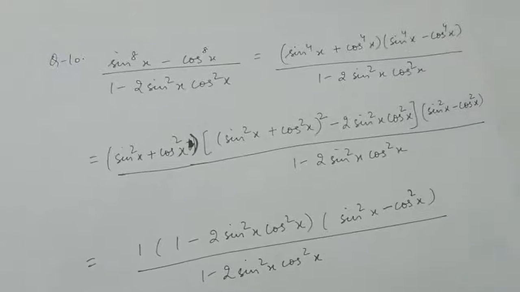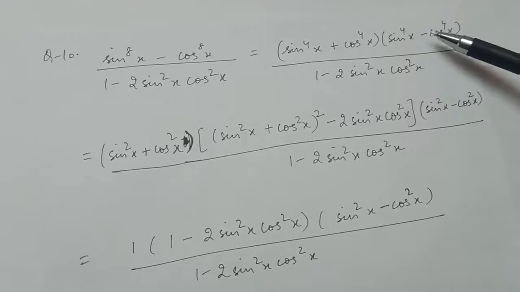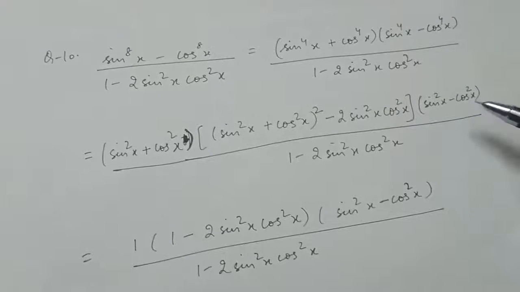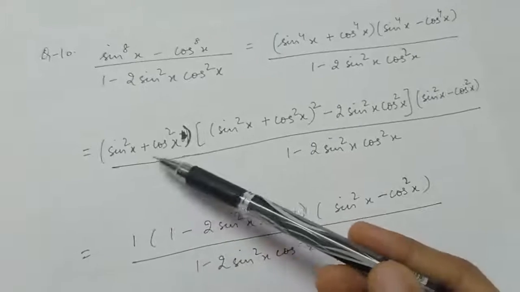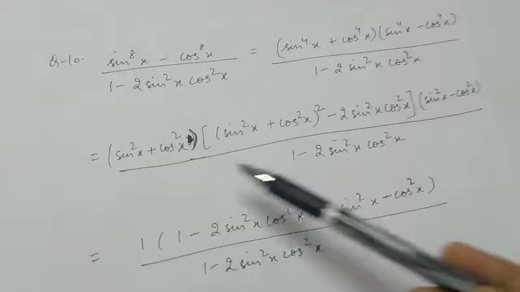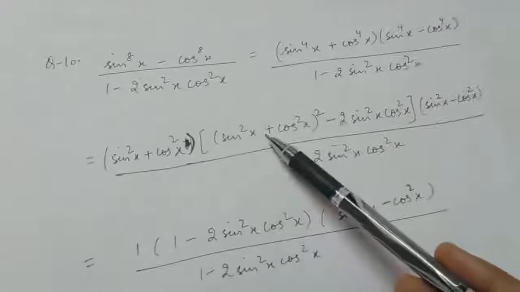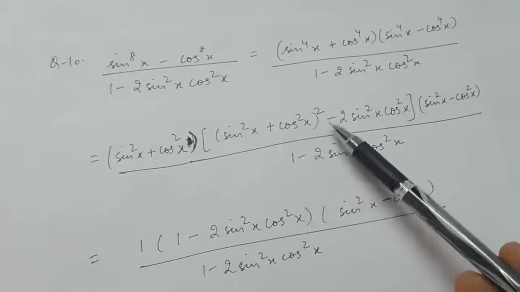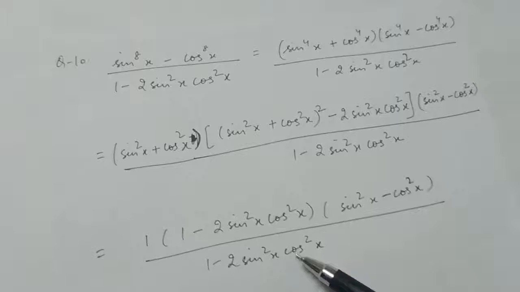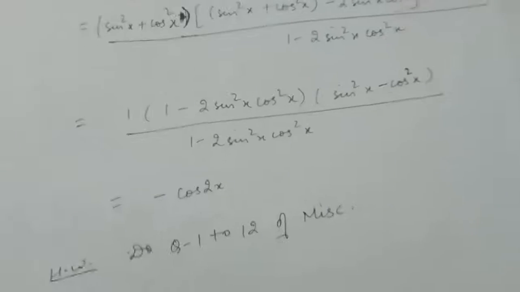And this sin x raised to the power 4 minus cos x raised to the power 4 can again be written as sin square x minus cos square x into sin square x plus cos square x, denominator as it is. Now see, we know this is 1, this is 1 square, which is 1 minus this term, and the same term exists in the denominator also, and this is sin square x minus cos square x.